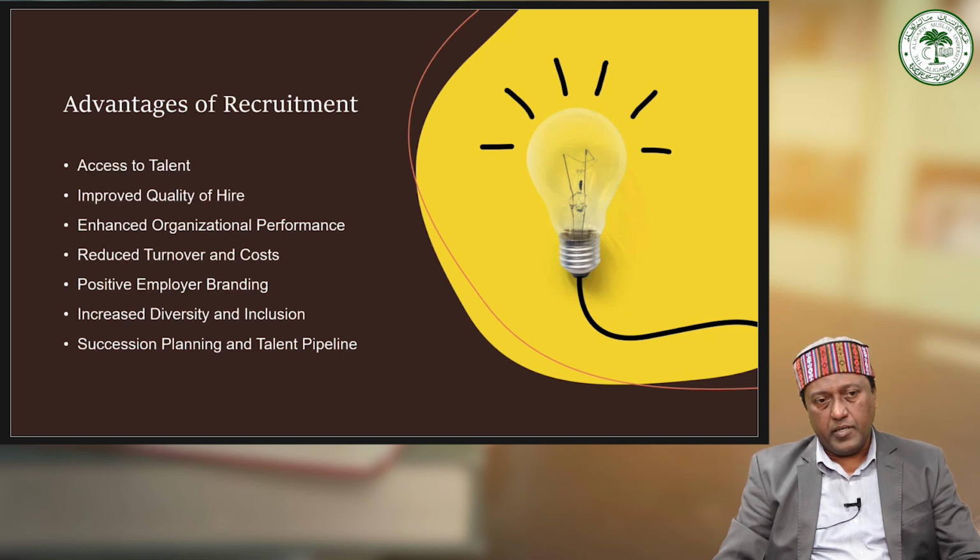And the best advantage, you can say, is succession planning and talent pipeline. This strategic recruitment practice enables organizations to identify and nurture top talent for future leadership positions through succession planning initiatives, building a talent pipeline, because in every organization we have a hierarchical structure, and it is very clear who is at number one, who is at number two, who is at number three.